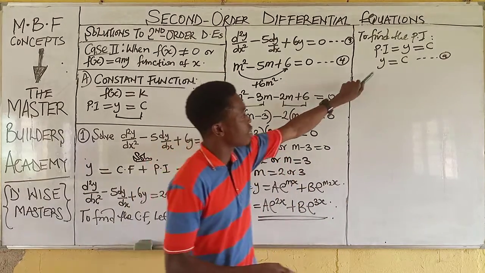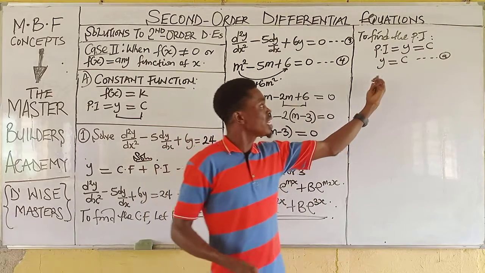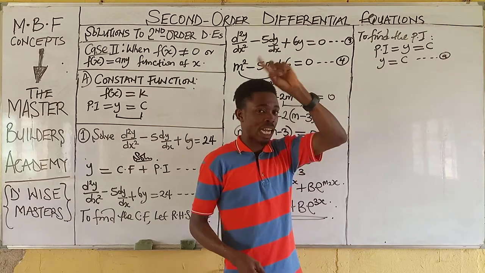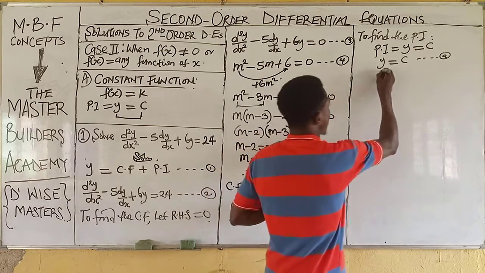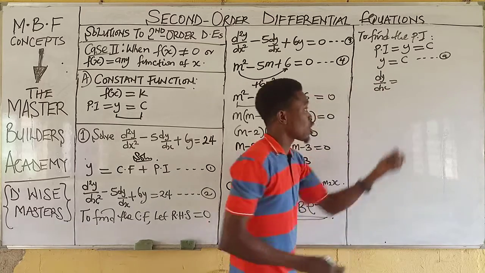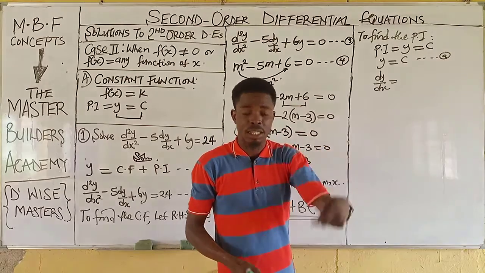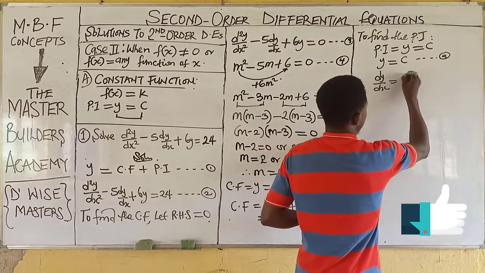All we just need to do now is, now that we have gotten a particular integral equation, we need to differentiate this equation 2 times. Now, if we differentiate y with respect to x, this is a constant because it is not carrying x. And anytime you differentiate a constant, a function without x, you have 0. This is 0.